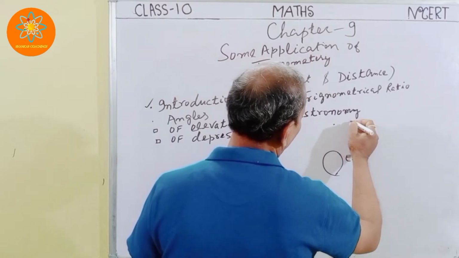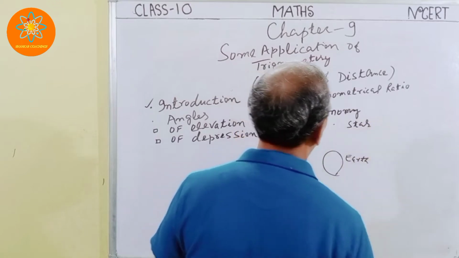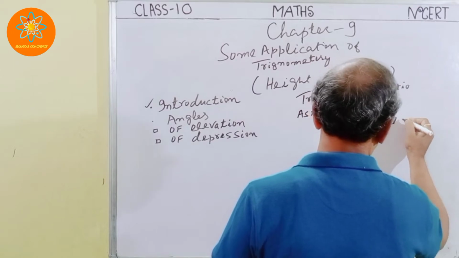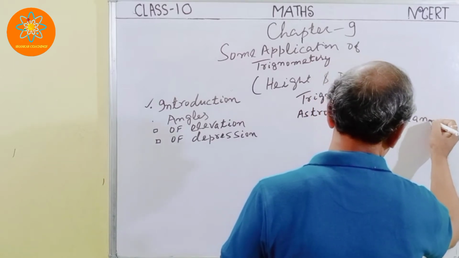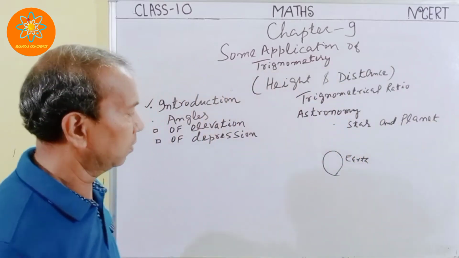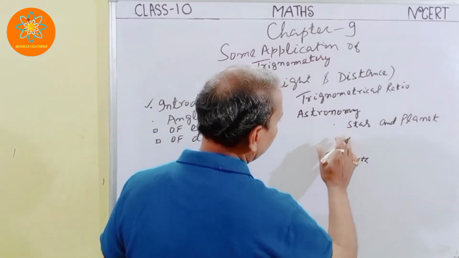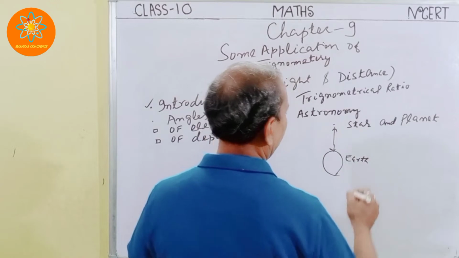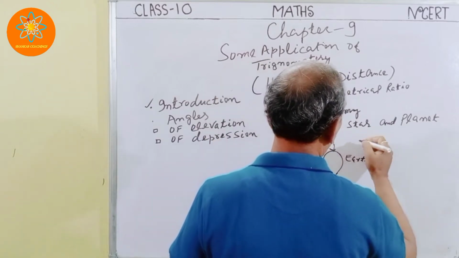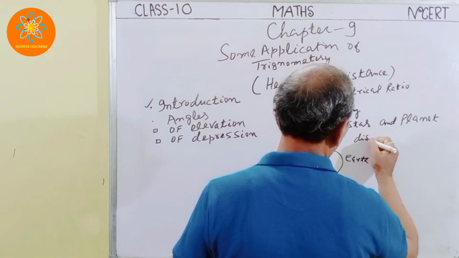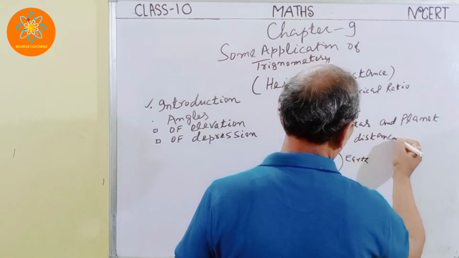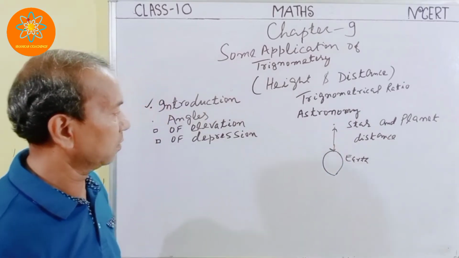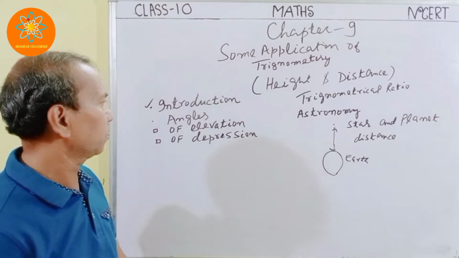So for finding the distance of the star and the planet, we can find what is the value of this distance. What is the distance of star and planet from the Earth? So this is all about the introduction.